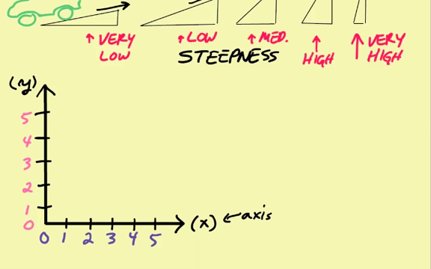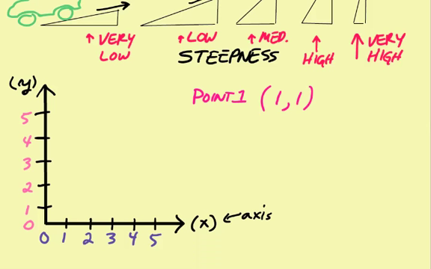I'm going to pick a point. Let's call it point 1, and we'll start with 1, comma 1. And then point 2.